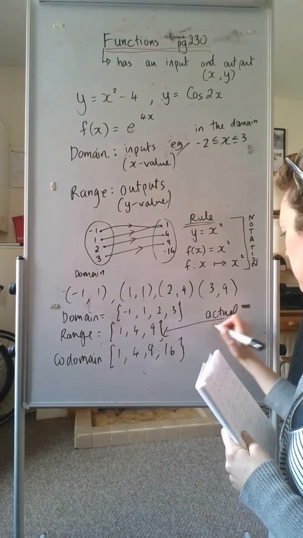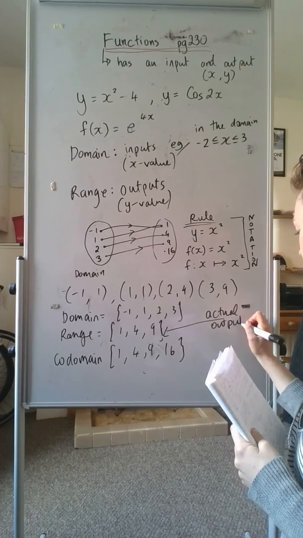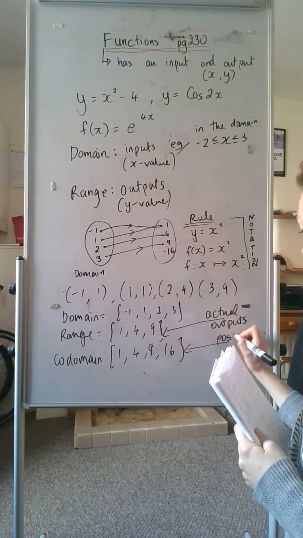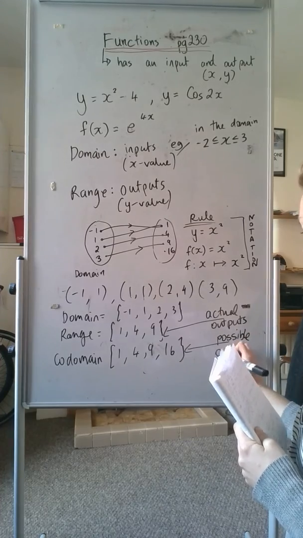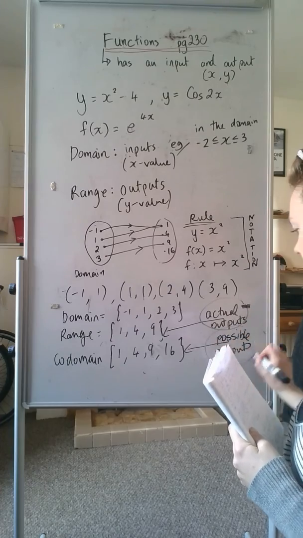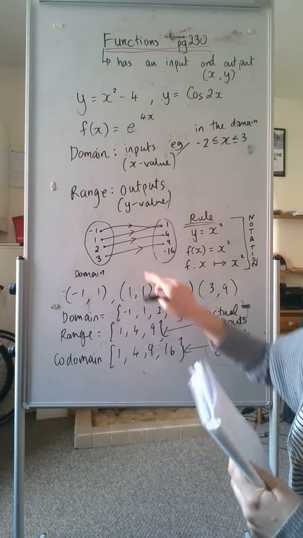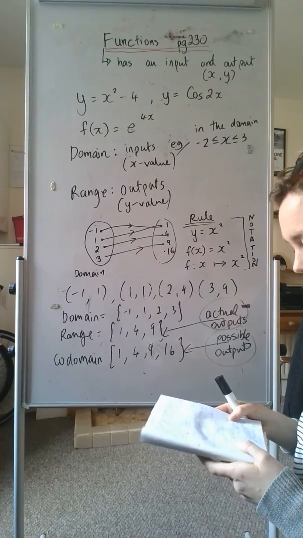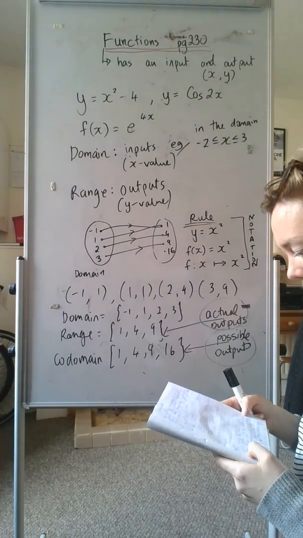Actual outputs. Whereas your codomain are your possible outputs. Okay, so these are the ones that are actually being mapped to, but you can see here you've got a 16 that's left over and it hasn't been, okay? So that's the difference between range and codomain.